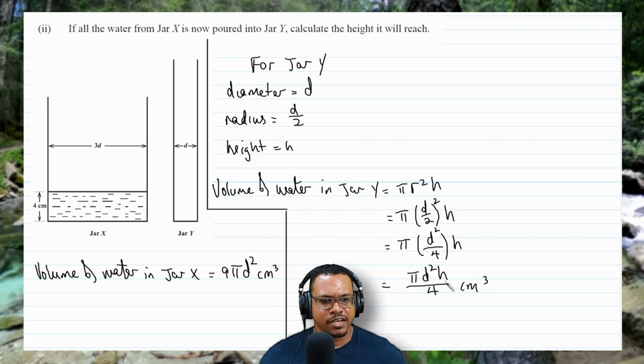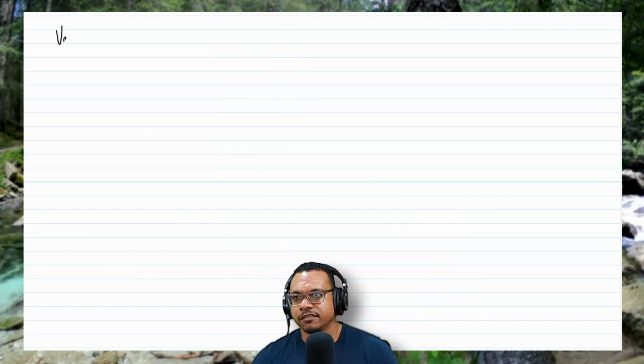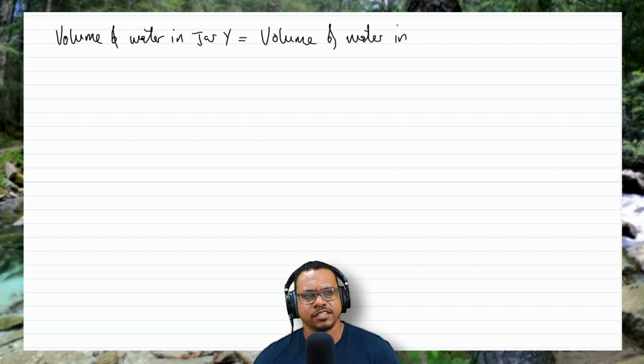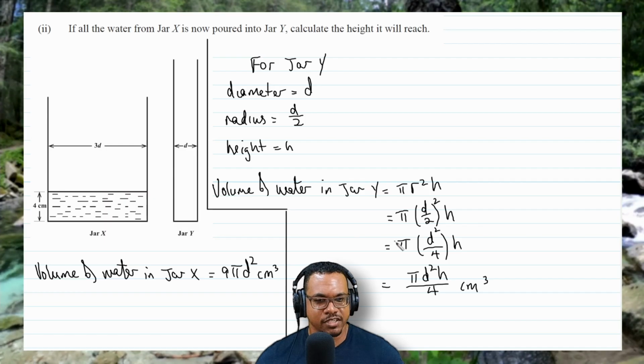So now to find out the height, which is h, we have to put the volume of water in jar Y must be equal to the volume of water in jar X. So we have to put this equal to this, and then we're going to solve for h. So I'm going to have the volume of water in jar Y must be equal to the volume of water in jar X. So here we have the volume of water in jar Y is pi d squared h over 4.